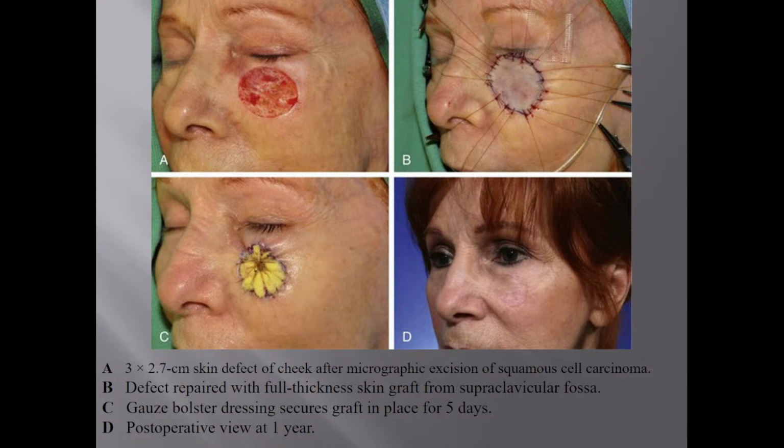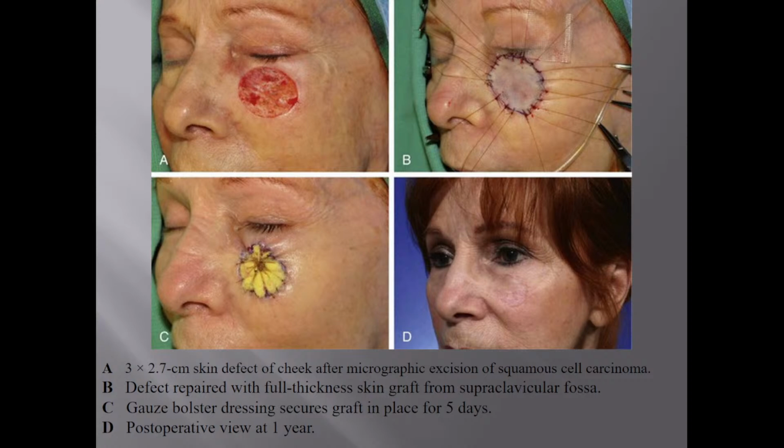Bolsters also prevent shearing forces from disrupting the vascular connection between the graft and the wound bed. And of course, it's understandable that disrupting the vascular supply between skin graft and wound bed will lead to failure of the skin grafting.